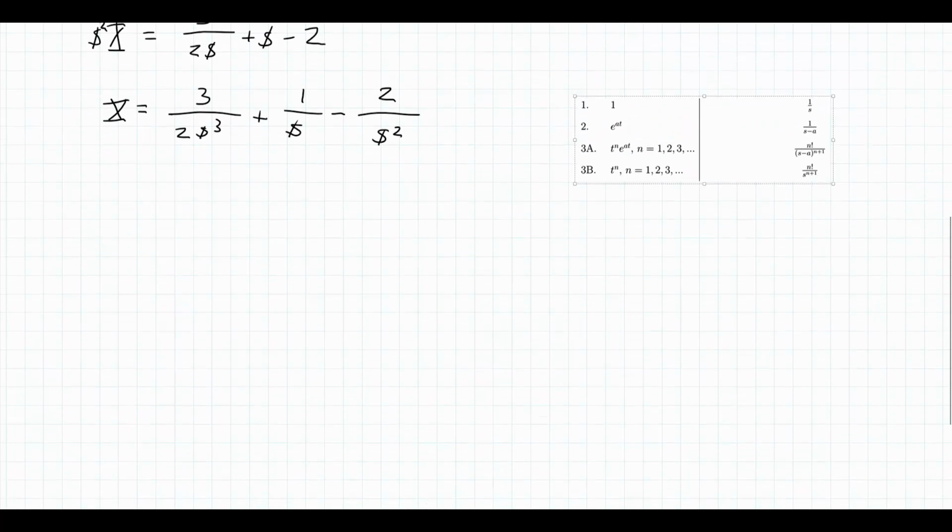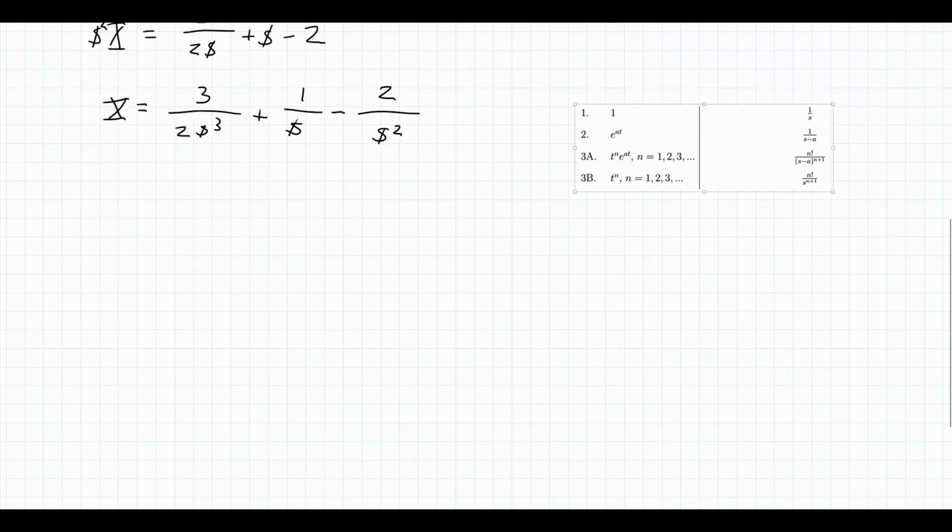We can see that each of these terms is going to look roughly like something in 3a or in 3b, really. So we have an s raised to a power in the denominator, and then we'll have a constant in the numerator. So it's going to turn out here, I don't want to combine them. I'm going to treat them individually because each one looks like 3b.